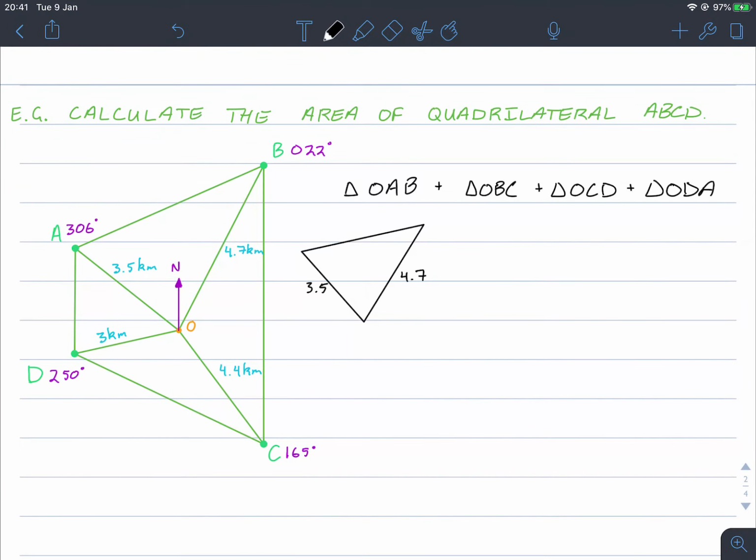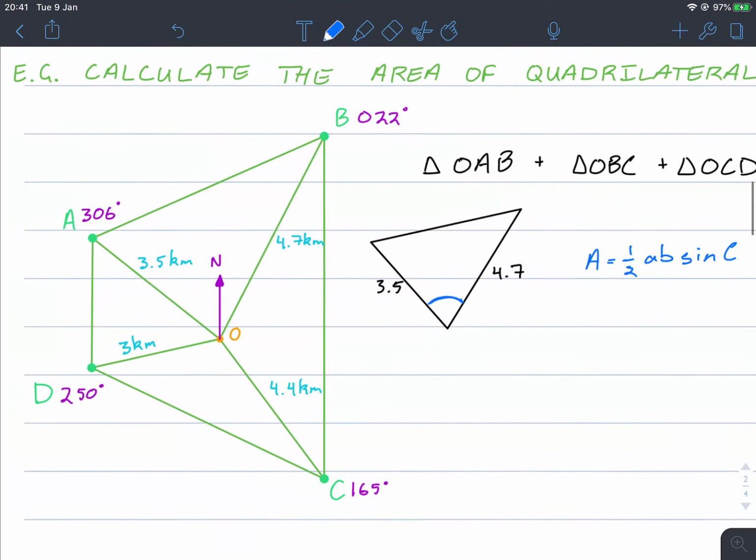To calculate this area, I'm going to use the sine rule for area: area equals half ab sine C. We have a and b, but the angle I need is this one here. How we're going to calculate that is by thinking the following.